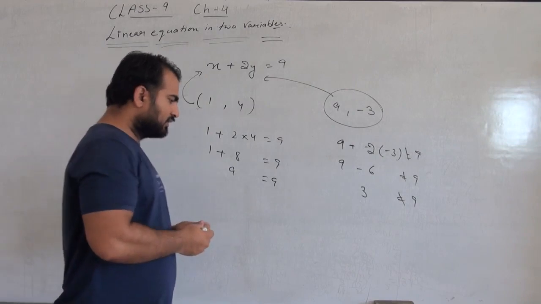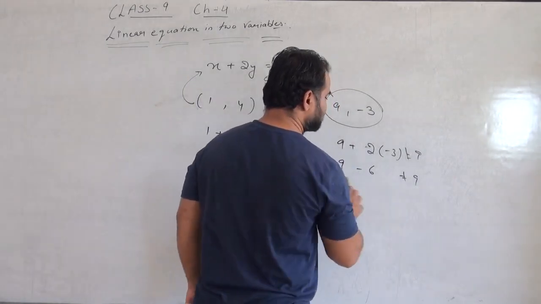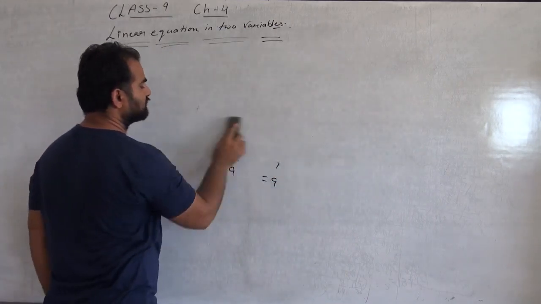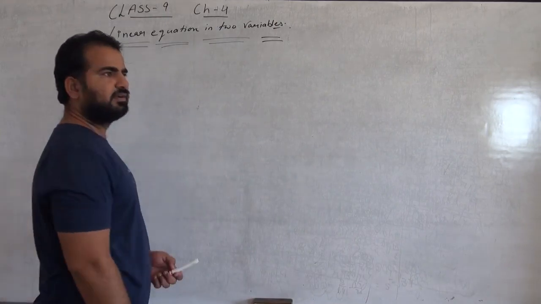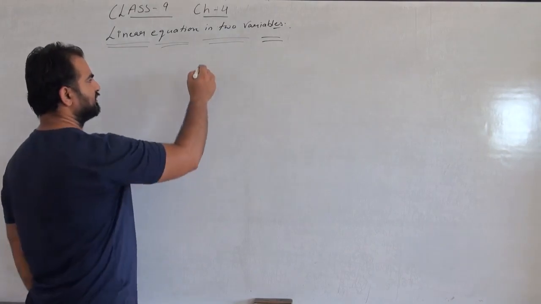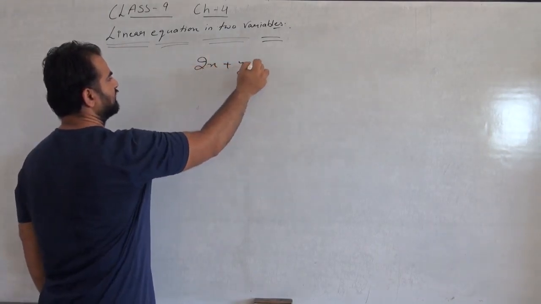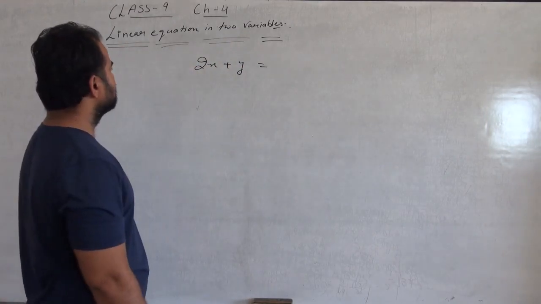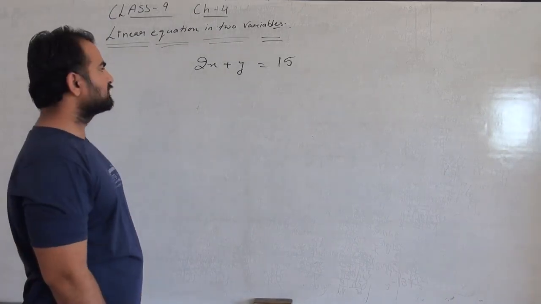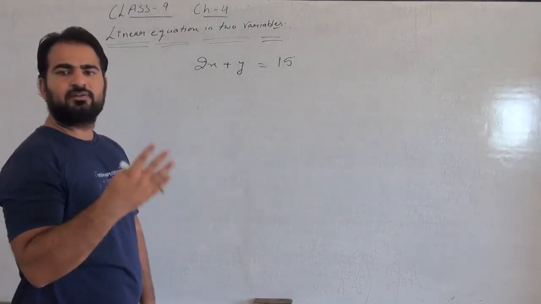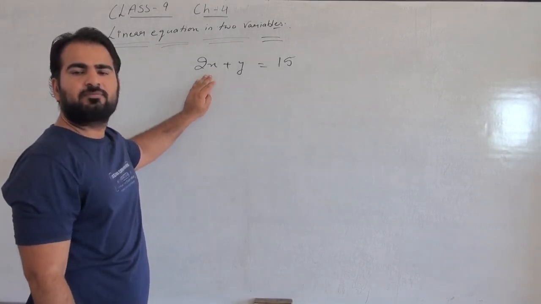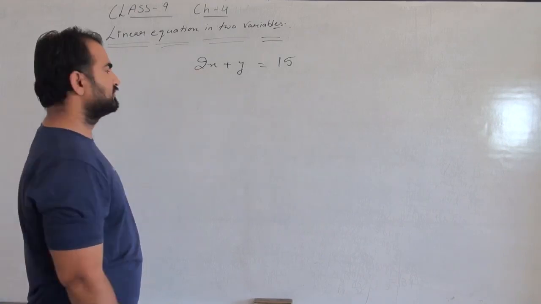Third topic which we will study in this chapter is how to find solutions of an equation. How to find 2, 3, 4 solutions of an equation. Like an equation is given, 2x plus y equals to 15. What we have to do is find 4 coordinates or 4 points which will lie on this line, or we have to find 4 solutions to this equation.